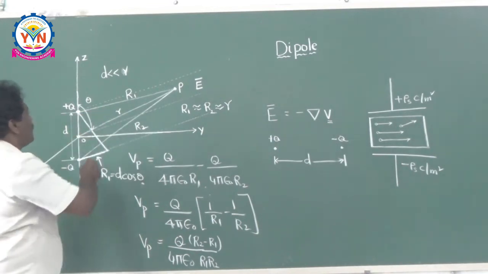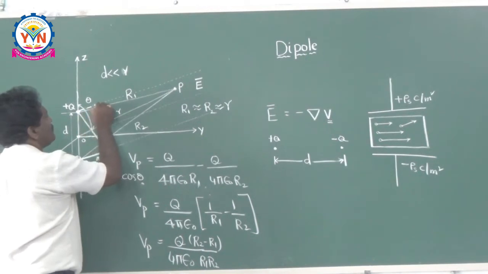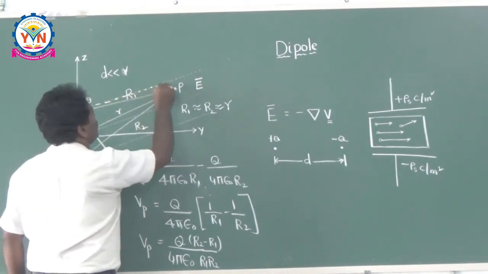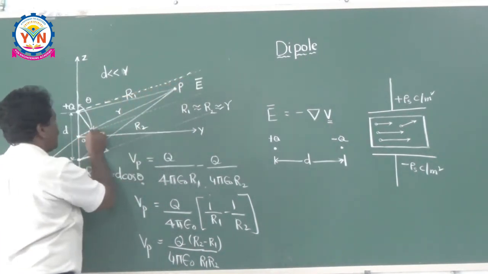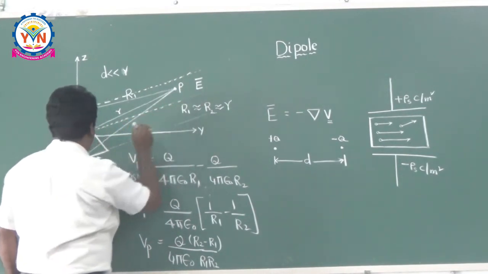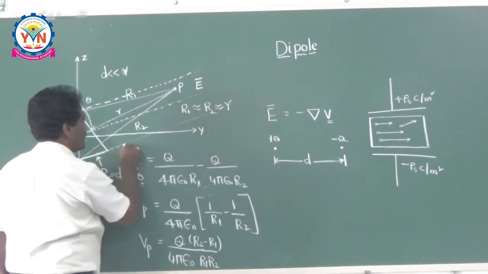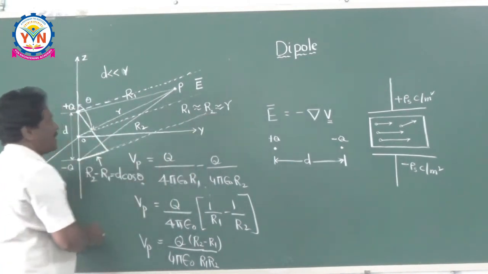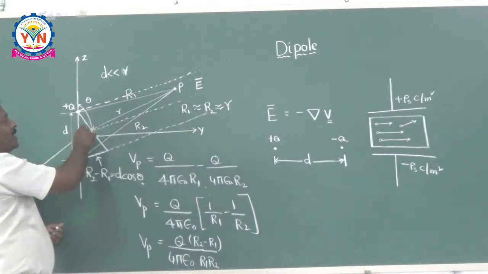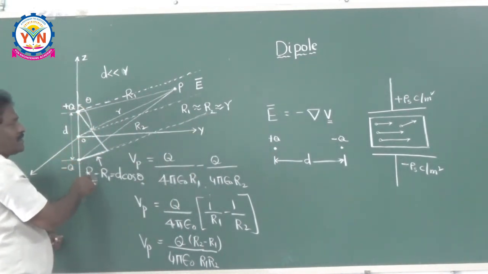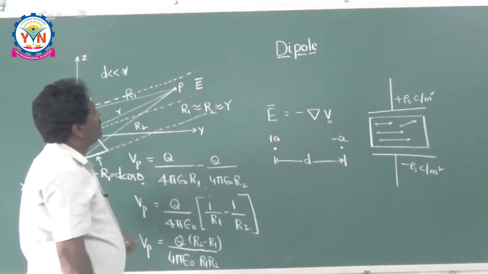If you take the parallel lines, R is also like this, and this is nothing but R2, R always parallel. So that's the reason I can take the same angle theta. Very simple, my dear friends.